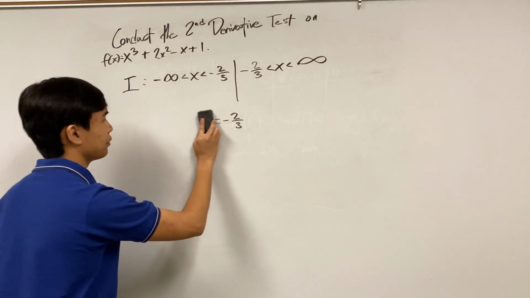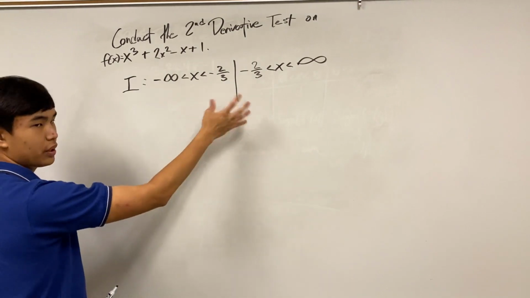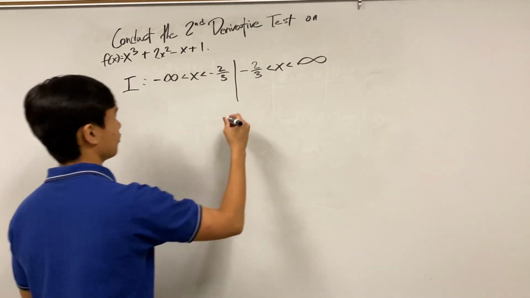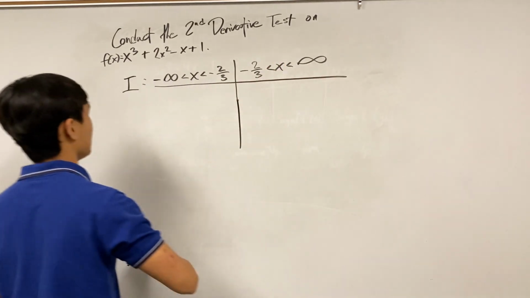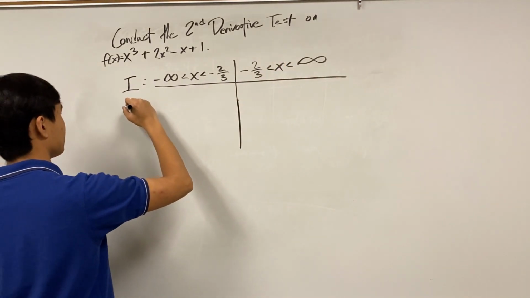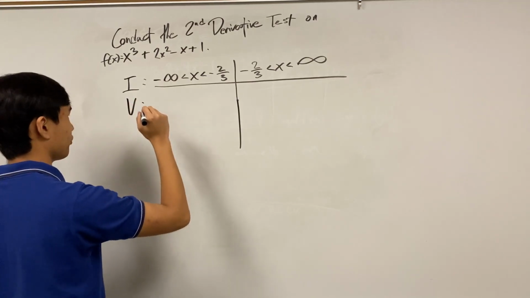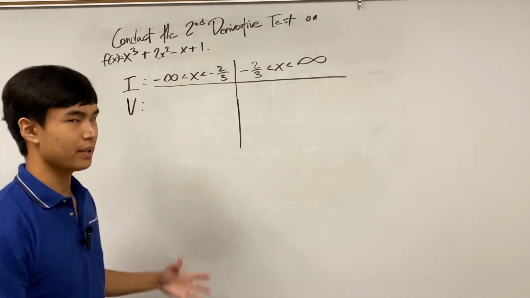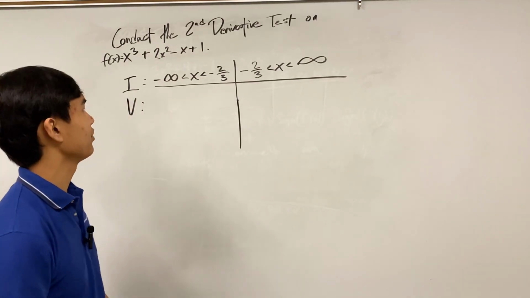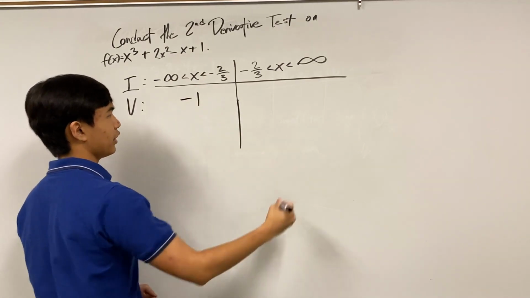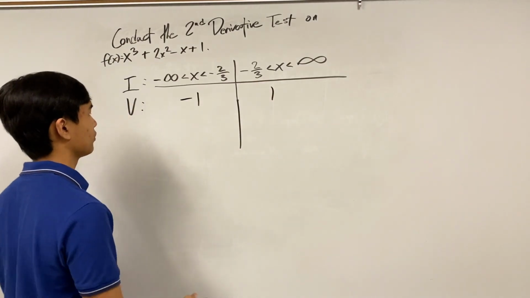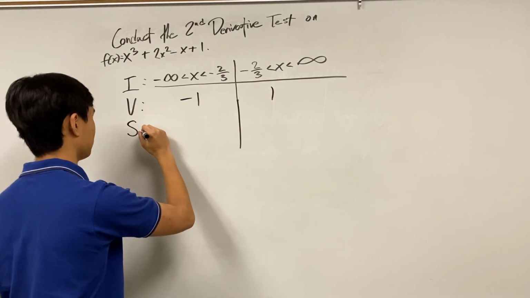Since there's only one point of inflection, there's only two intervals we have to consider. All right, now we have to pick our point or value. And just pick an easy value for this. Don't make your life any harder than it already is. So I'm going to do -1. Here I'll do +1.